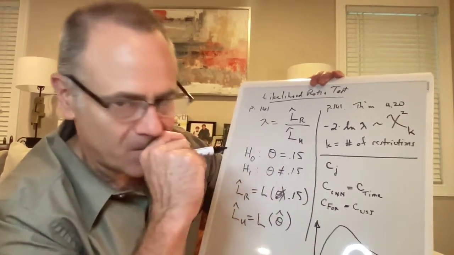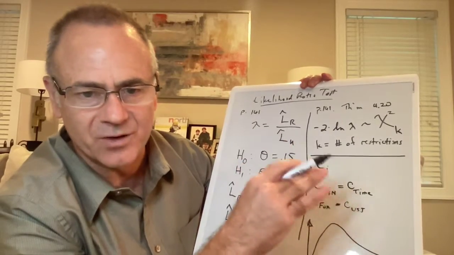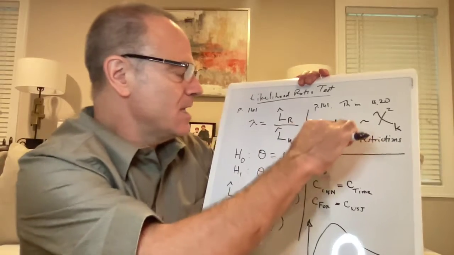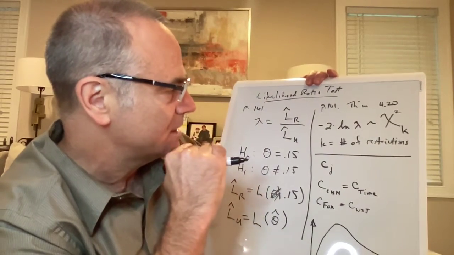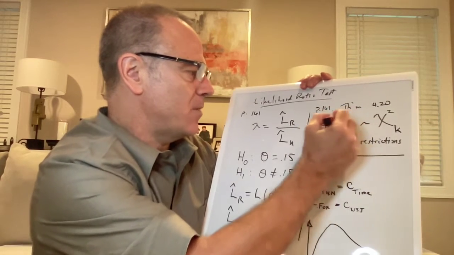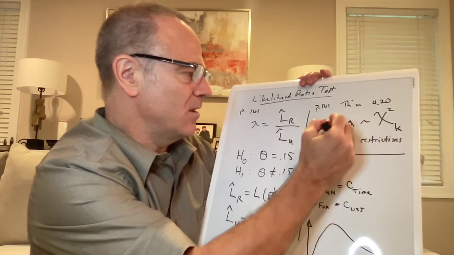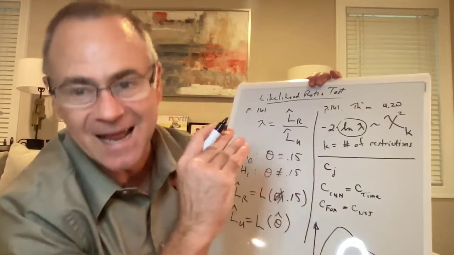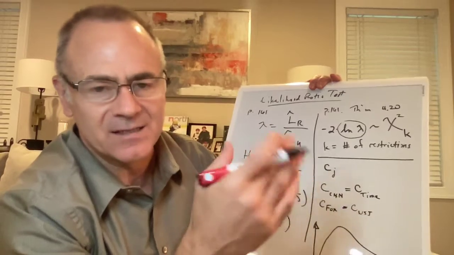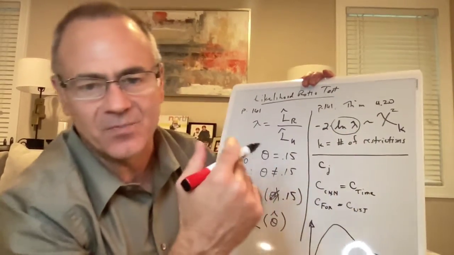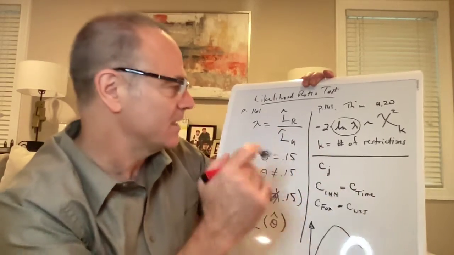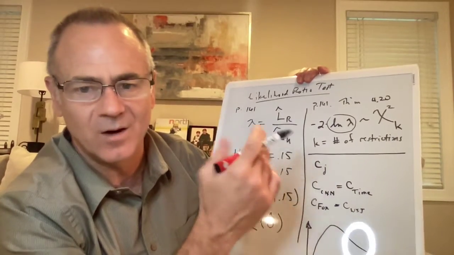Now, how have we taken account of that restriction? This thing has got to be positive, which means log of lambda has to be negative. Log of something is negative if and only if that lambda is less than 1. So this doesn't make sense if lambda is not less than 1.